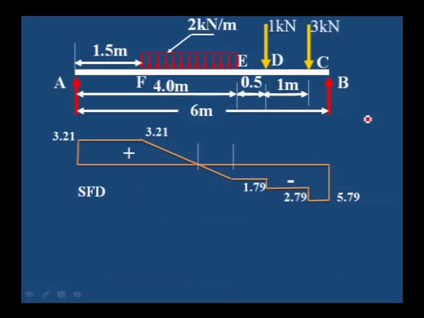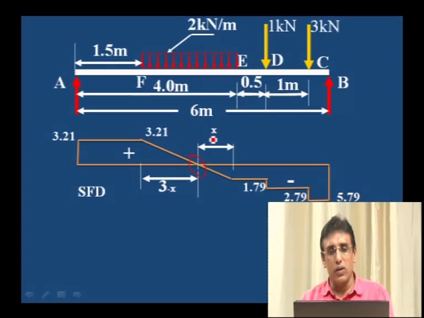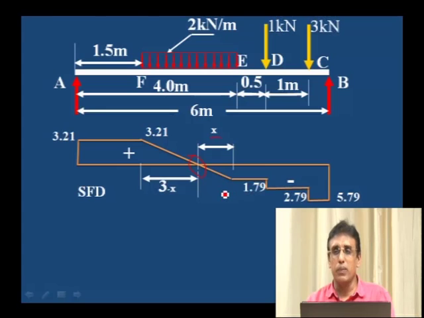Now, one more point is the distance at which shear force changes sign. That I also explained in the previous session. Let us take this last example, where x is the distance where shear force changes its sign.